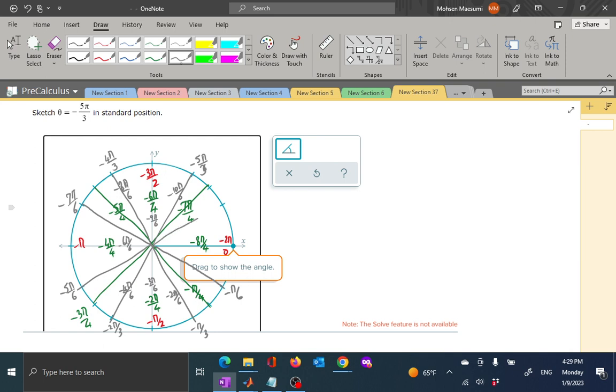Then minus 11 pi over 6. So the angle that is asked for in this problem is this one.